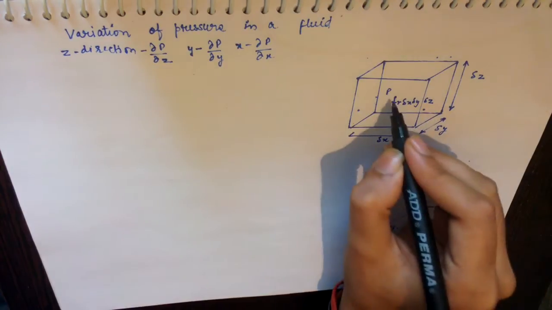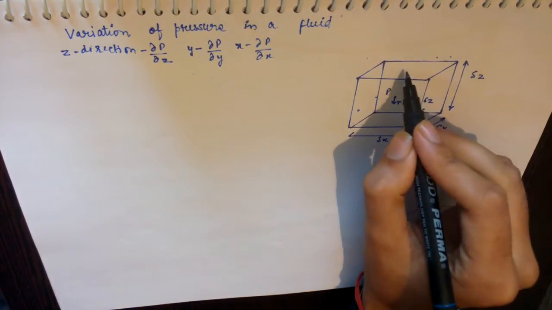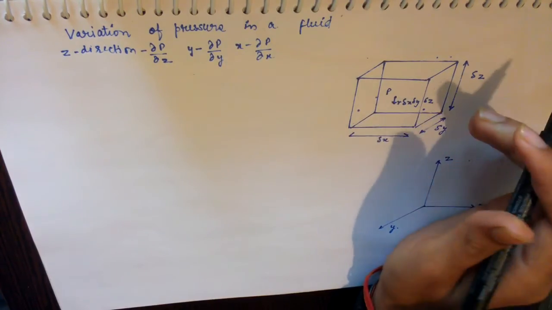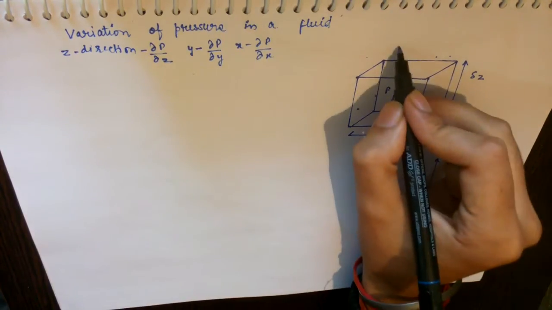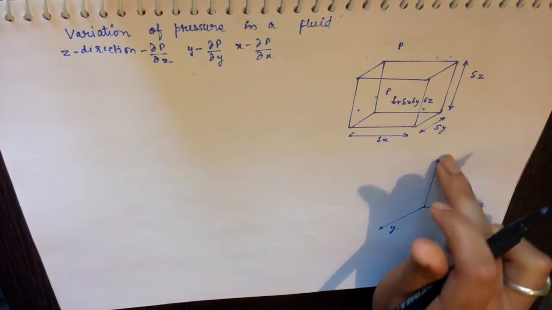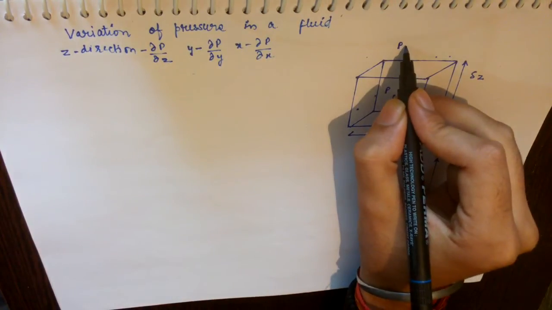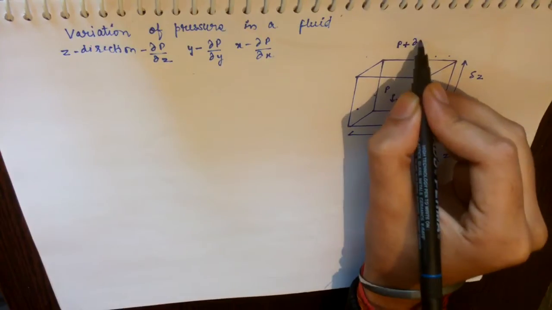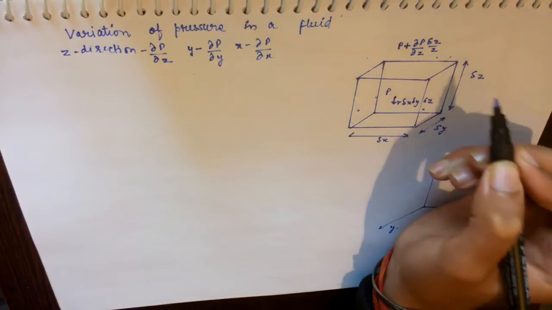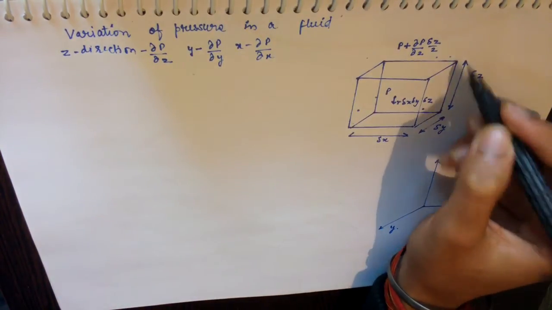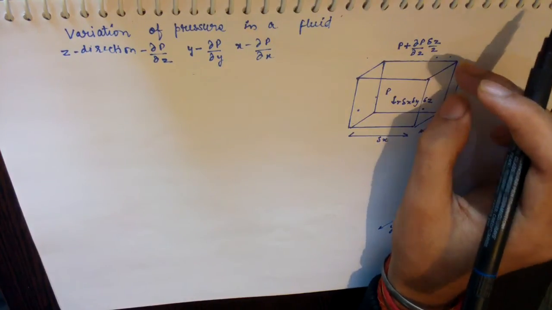If we assume the pressure at the center to be p, and we move to the top surface of this elemental fluid, the pressure will be p plus del p upon del z into delta z by 2, positive because we are moving upwards. We multiply by delta z by 2 because we have moved delta z by 2 distance upwards.